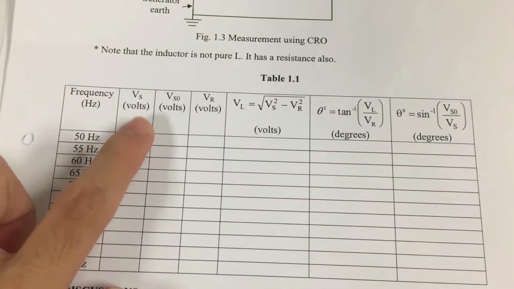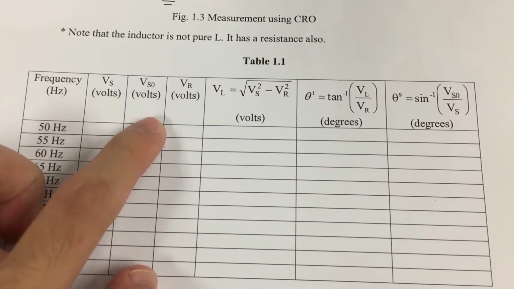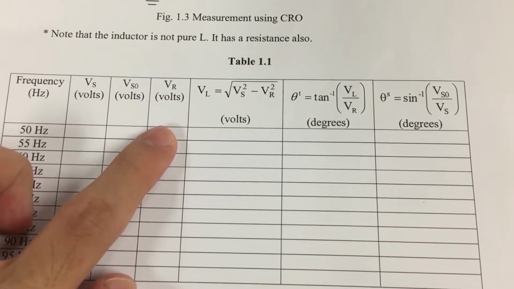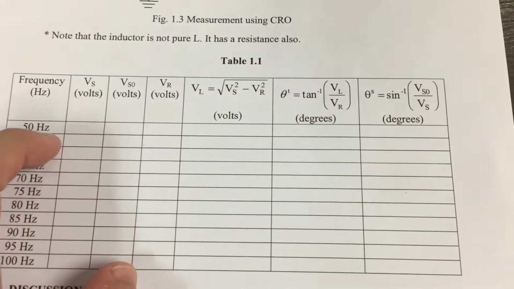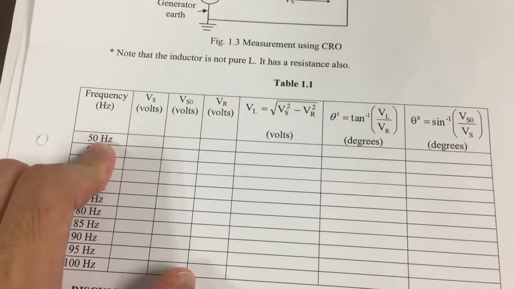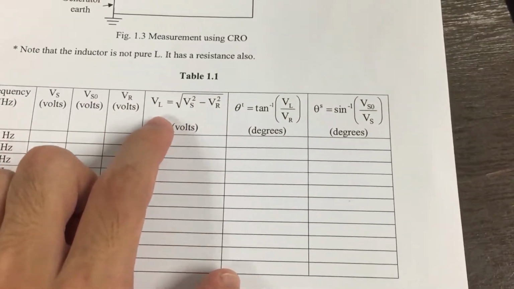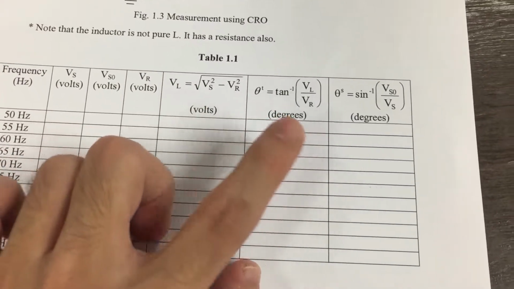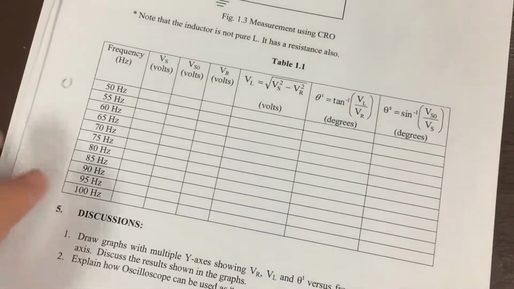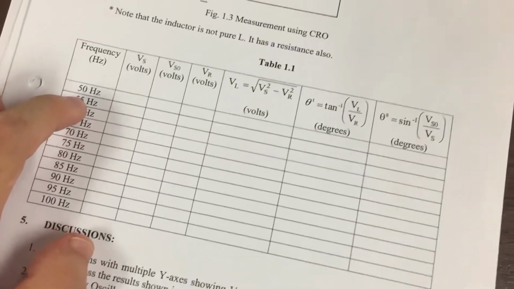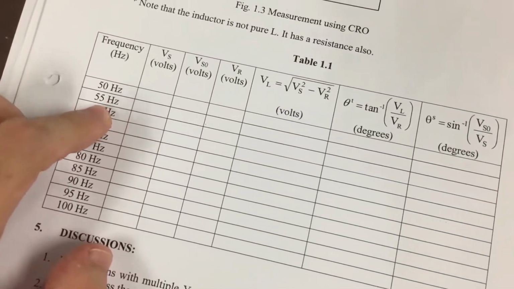After we measure the source peak to peak voltage, the VS0 voltage, and the resistor peak to peak voltage, we jot it down over here. For the first is 50 Hertz, and then we can calculate the inductor peak to peak voltage and the phase angle.